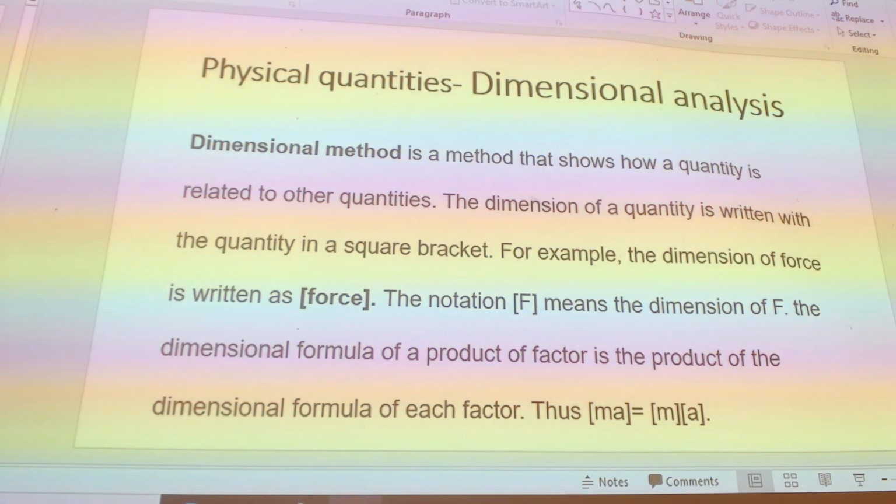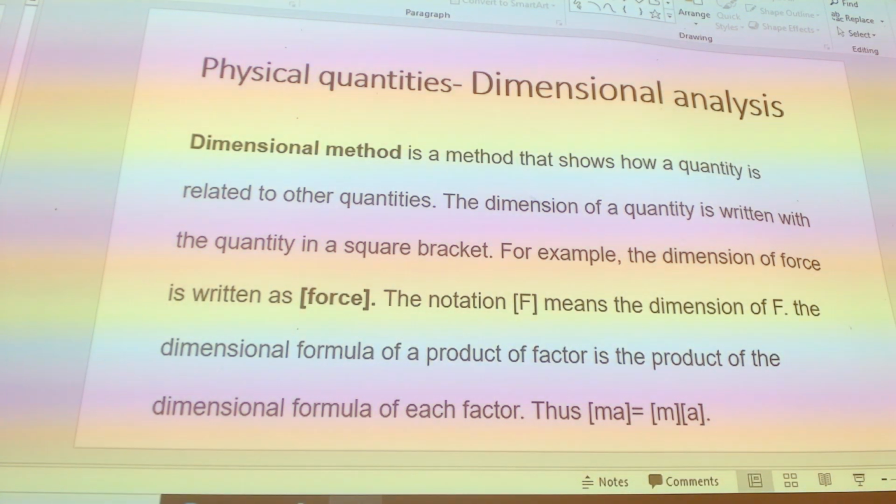Another time, we can multiply two quantities. If we consider the formula of force in terms of mass and acceleration, force is defined as mass times acceleration.